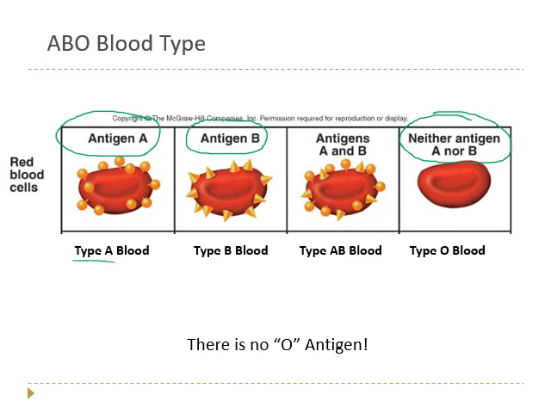So if you have A antigens, you have type A. If you have B, you have type B. If you have both A and B, you have type AB, so that all makes sense. And then if you have no antigens, then you have type O. I always think of type O as almost like type no, right? There are no A or B antigens.